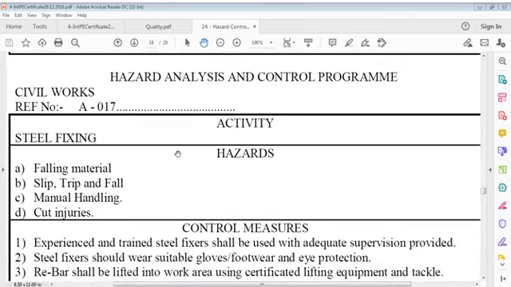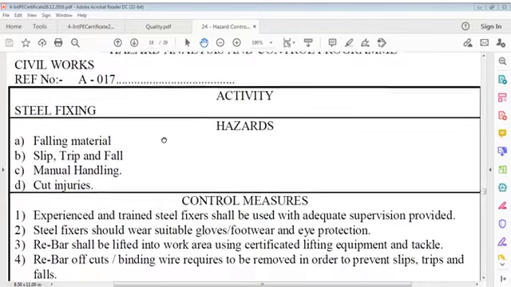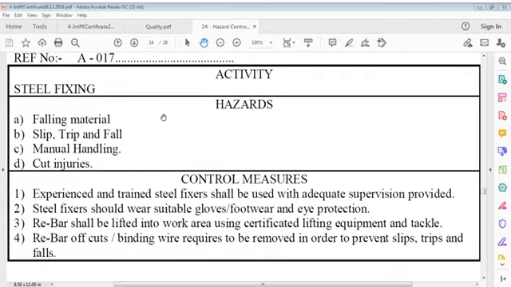Now we are going to talk of steel fixing. That's a part of the slab itself, a pre-pour activity. When we talk of steel fixing, we talk of carbon steel bars, how to fix them, how to put them. It's a very important one.